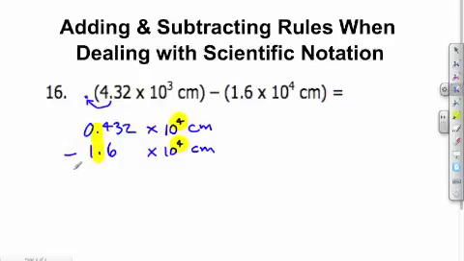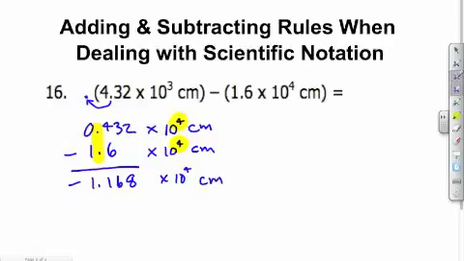Okay, let's take our coefficients and find the difference, making sure that we obey the rule for subtraction. So when you do the difference between these two numbers, you get as your answer negative 1.168 times 10 to the fourth, and then don't forget your unit, and that would be centimeters.